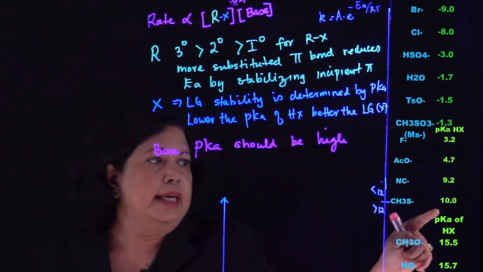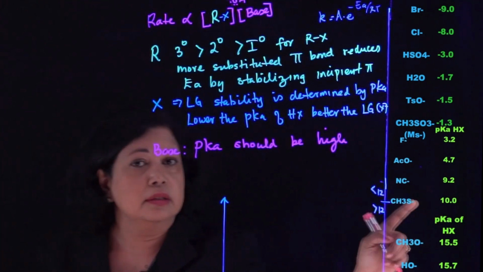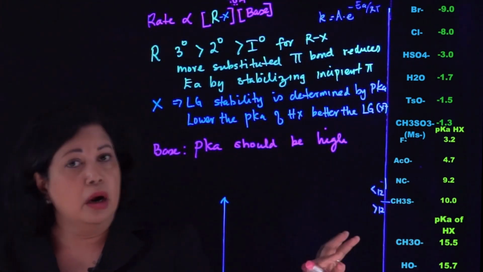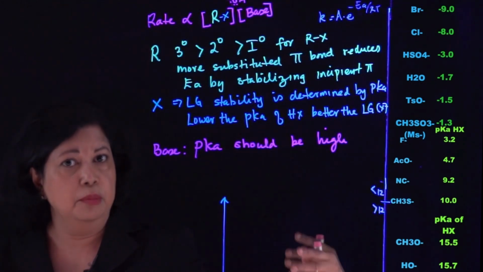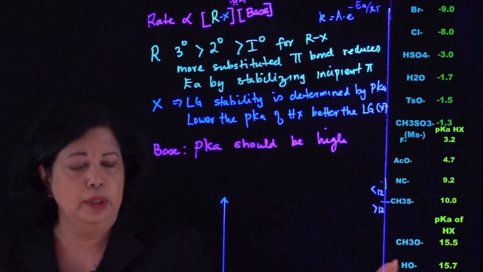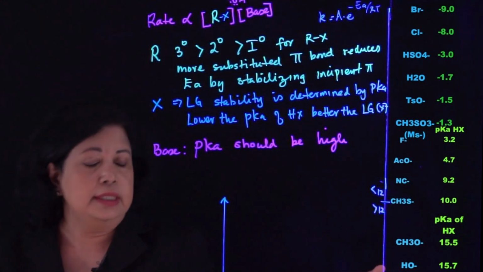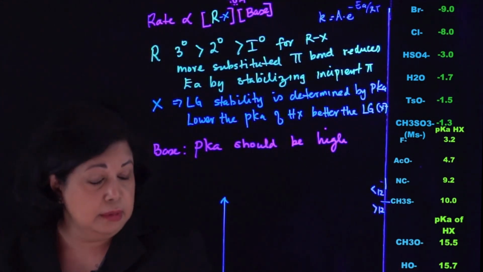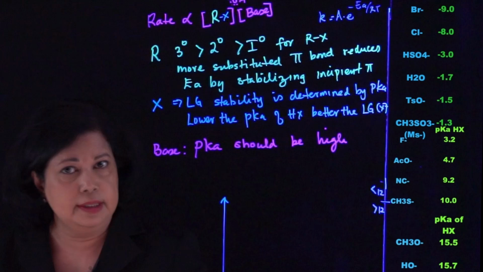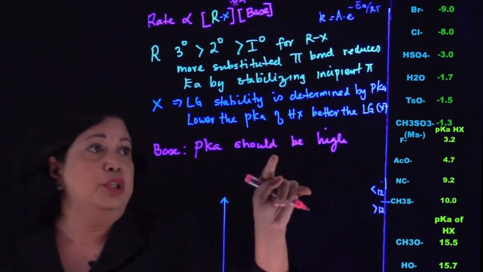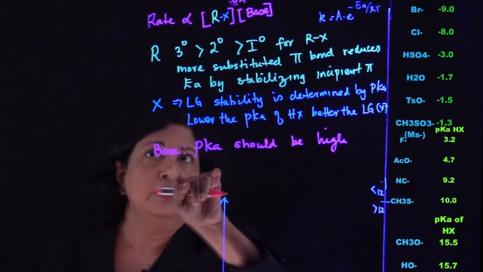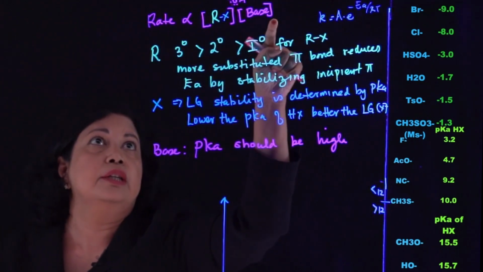And you can see that the hydroxyls, then methoxides, and more R groups you have, the oxygen is going to be more and more basic, wanting more electrons. And then we also see things like acetylides, amides, hydrides, those are very basic. So pKa should be very high. And those are the three things that are in the rate expression.